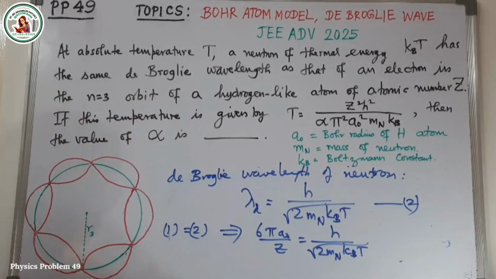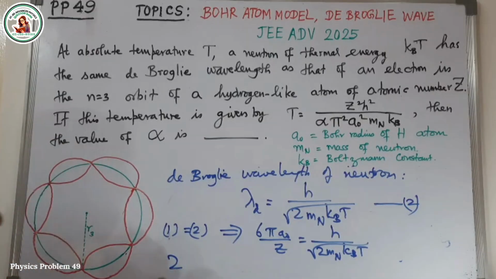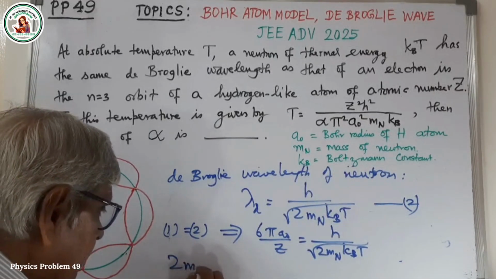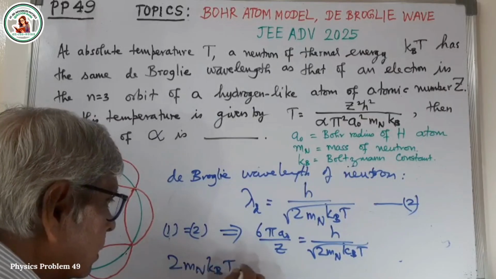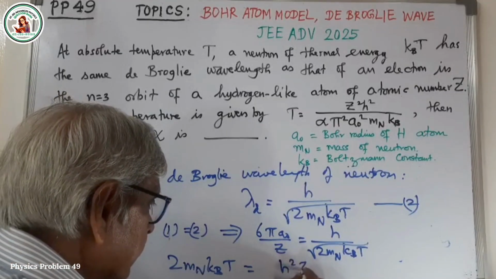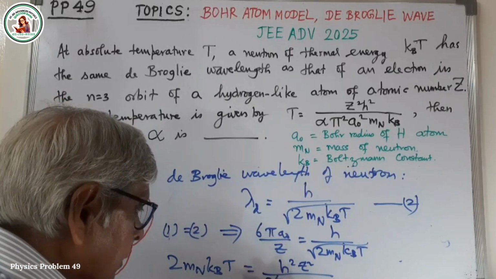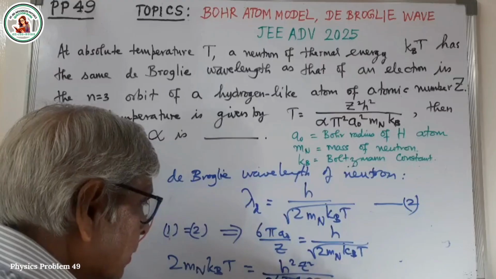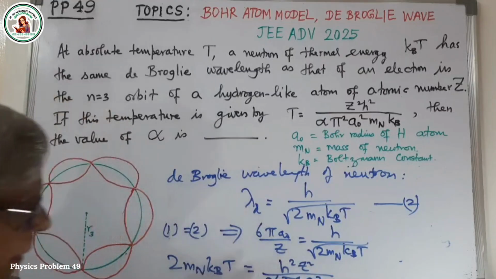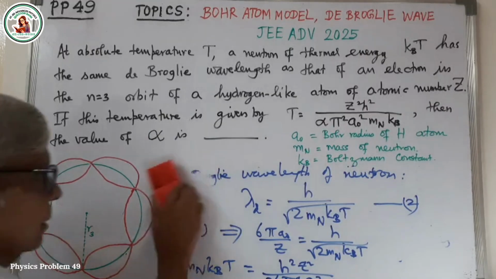you can do. So 2 mn kBT is equal to h square Z square divided by 36 pi square a naught square. So here itself our required number is present, because 36 times 2, 72, should be the required answer. Let me write that here itself.